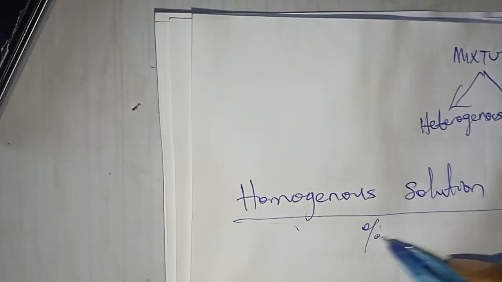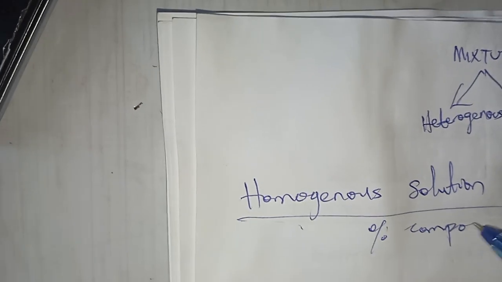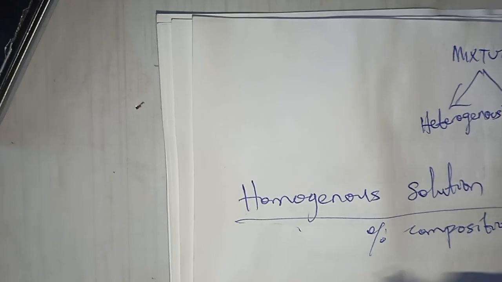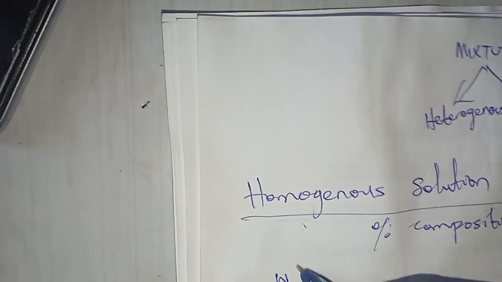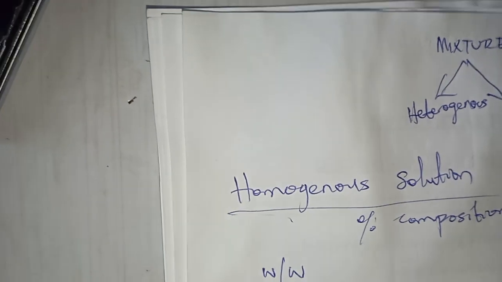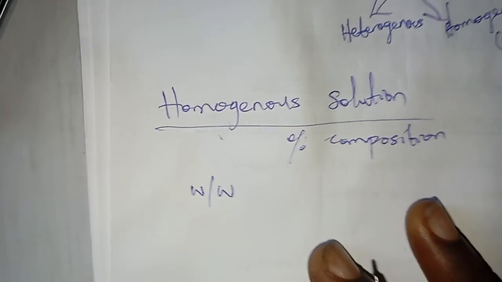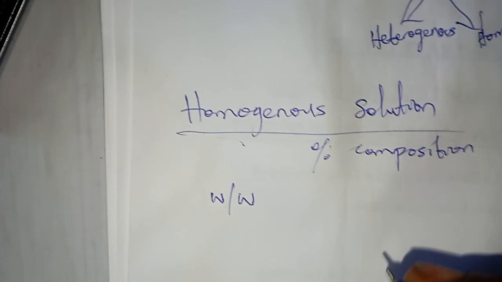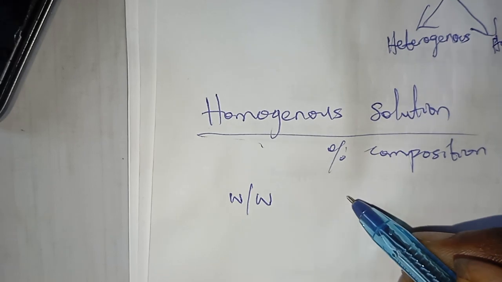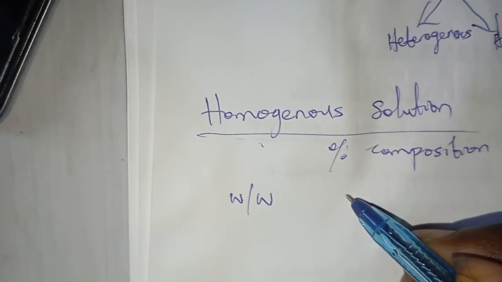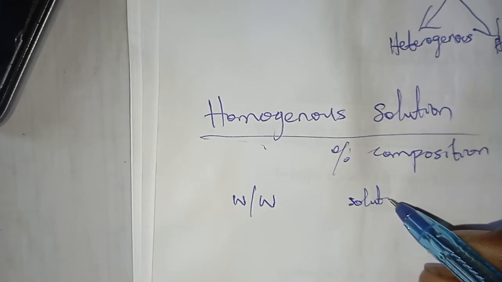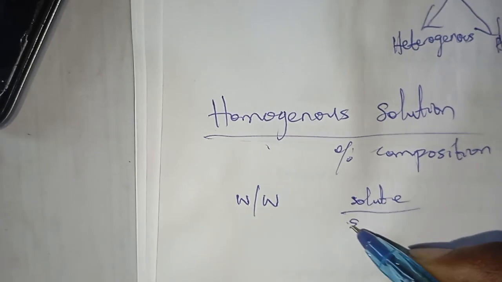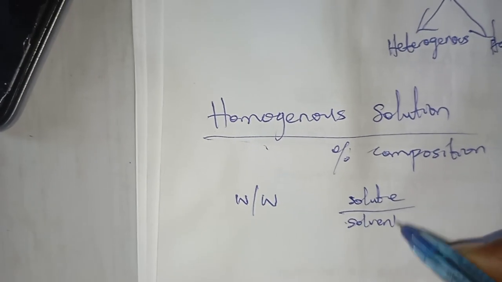And to get this percentage composition, we can check it in a number of ways. We can check it using weight per weight, and this is the number of solutes contained in 100 gram of solvent.